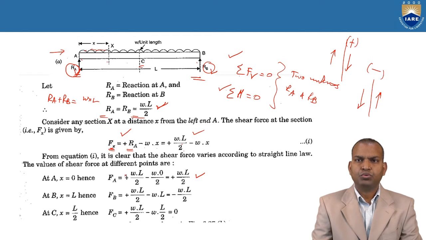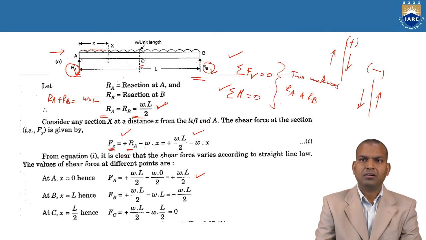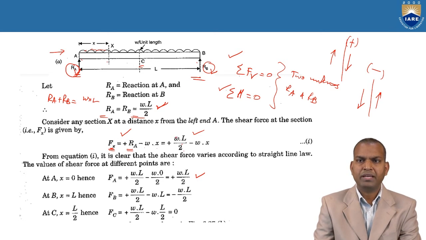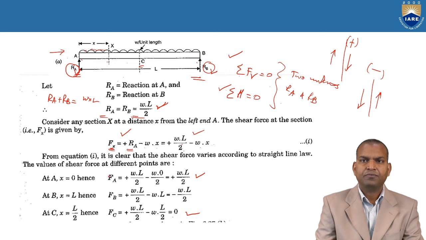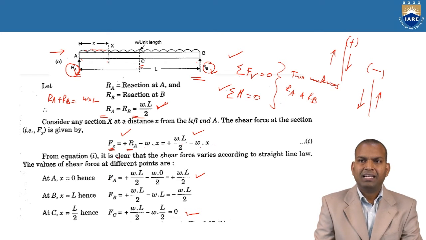At L by 2, that is half the distance of the beam, wL by 2 minus wL by 2, so in the middle, shear force is 0. And at x equals L, wL by 2 minus wL, that is minus wL by 2. It is a negative value at point B. At point C it is 0, and at point A it is a positive value.